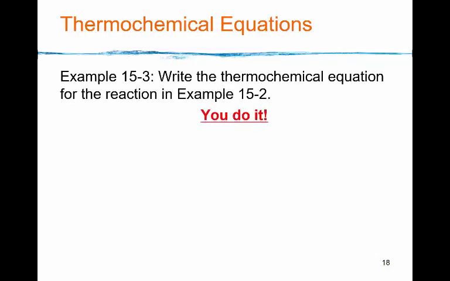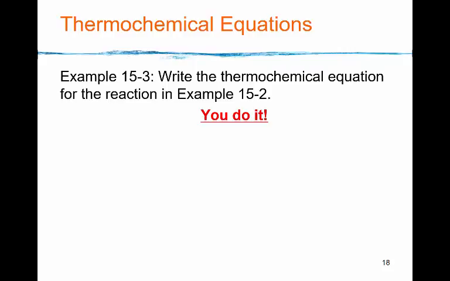Okay, so let's write a thermochemical equation. Now, this says example 15.2, and 15.2 was that calorimetry problem that we worked that had the acetic acid in it. Let's see, I'm going to go back to it just a minute.